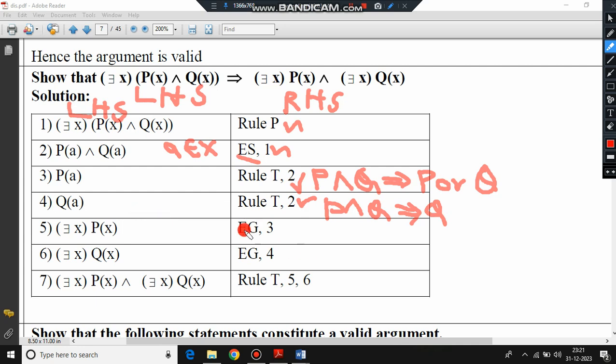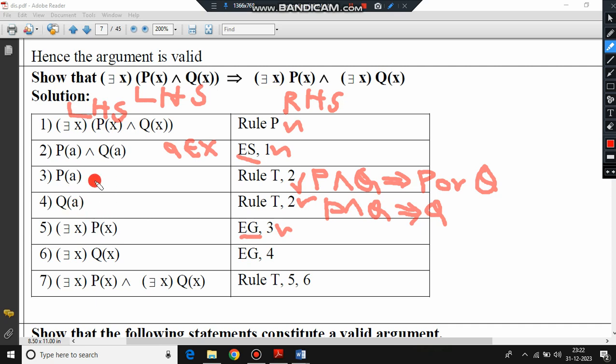Now we are using existential generalization on step number 3. This is step number 3, p of a. This is a specified value, and this property is satisfied when x equals a. So we can extend this by existential generalization. When we generalize this, we get there exists x, p of x.